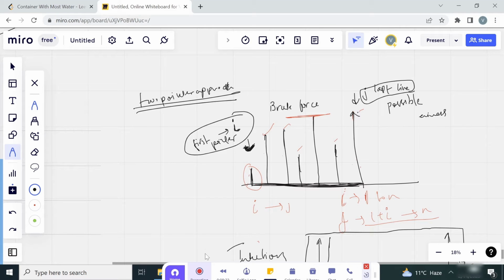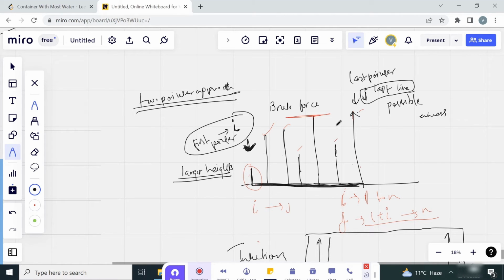Now we can go for the larger heights. The first pointer and the last pointer will help in finding the larger heights.